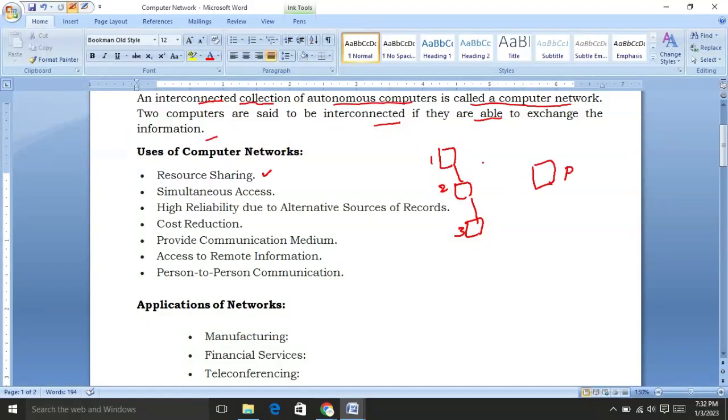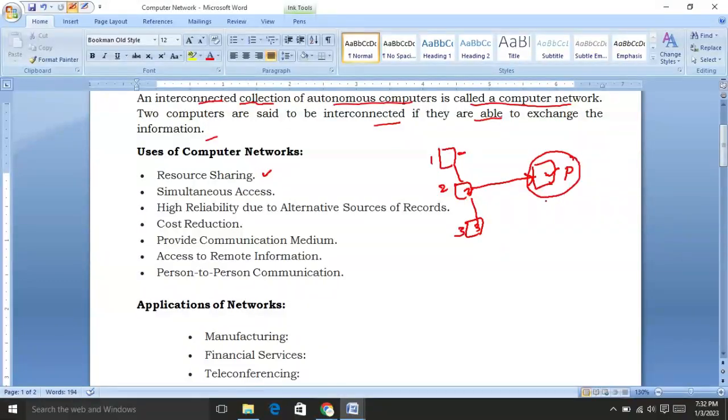To separately install an individual printer for each and every system is complex as well as expensive. So we install one printer and these three systems collectively share this printer. When the first system gives a print command, the printer is used; in the same way the second and third systems. So this is physical resource sharing.